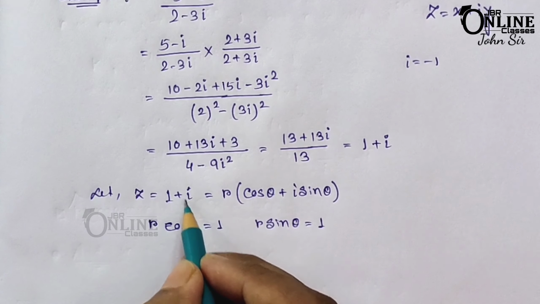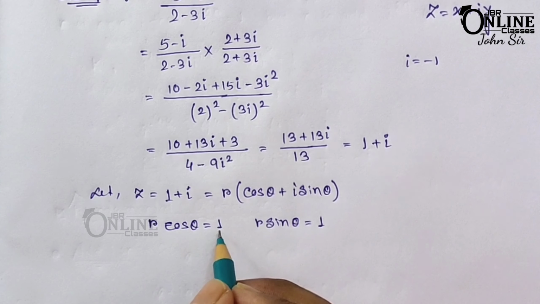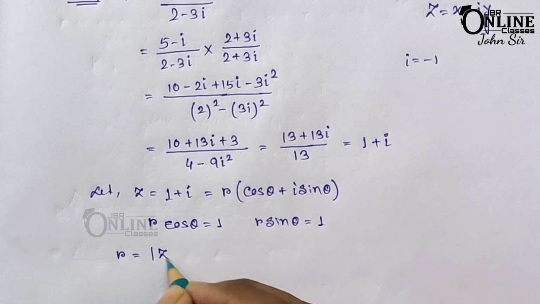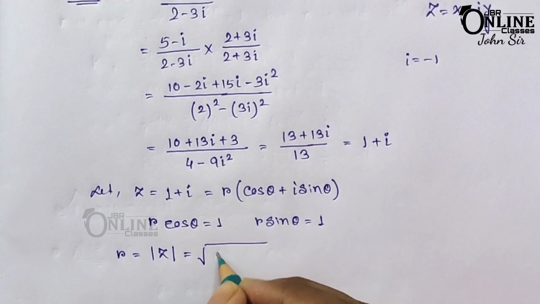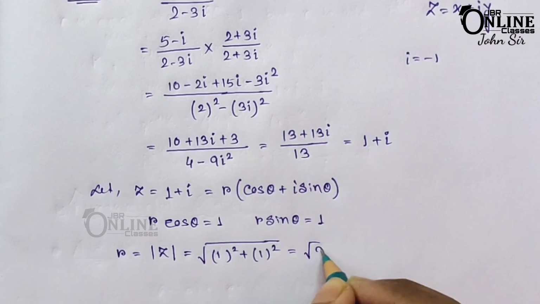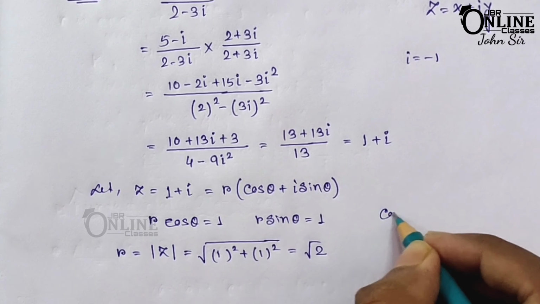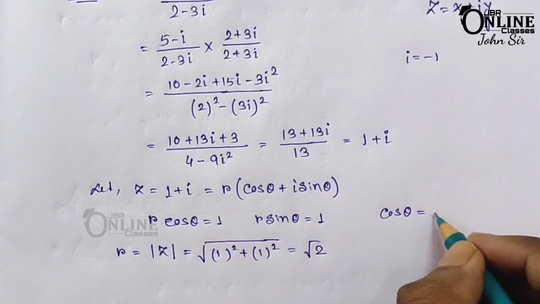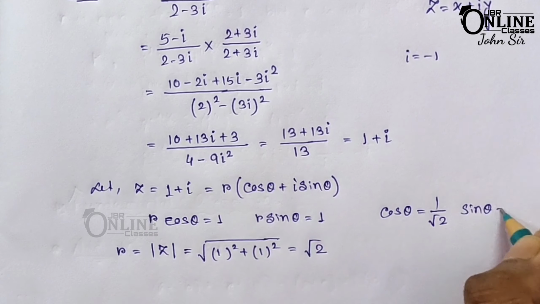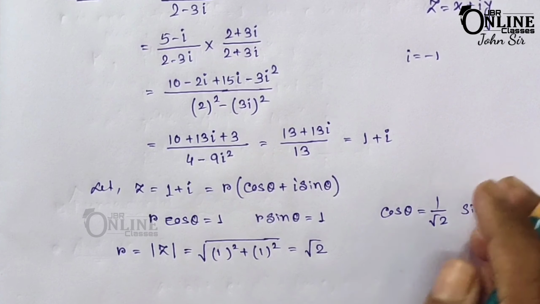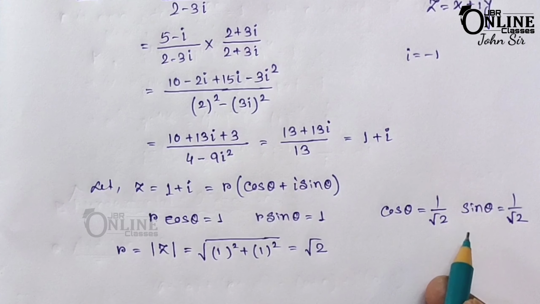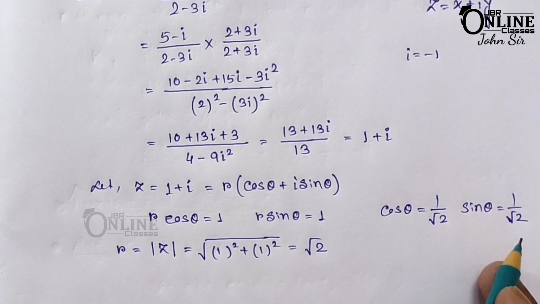So r, that means mod z, will be root of 1 square plus 1 square, that equals root 2. So cos theta equal to 1 by r, that means 1 by root 2, and sin theta equal to also 1 by r, that equals 1 by root 2.